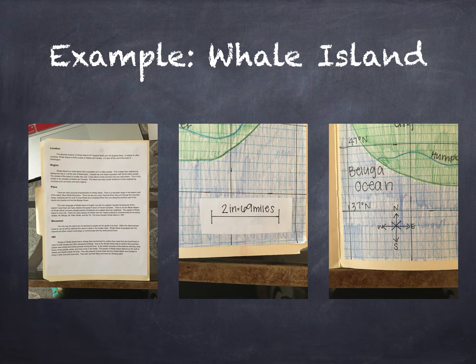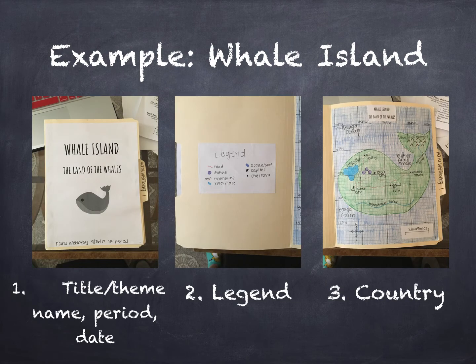Then I opened my folder, and on the inside of the first flap, I put my legend. You can see I titled it Legend, and then I have all the things that are represented on my map along with what they look like on the map. And then the third picture is my country itself, which is on the second inside flap of the folder.